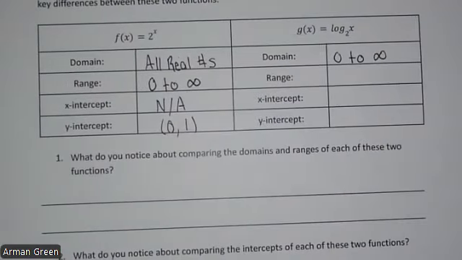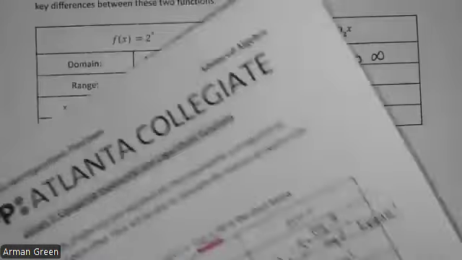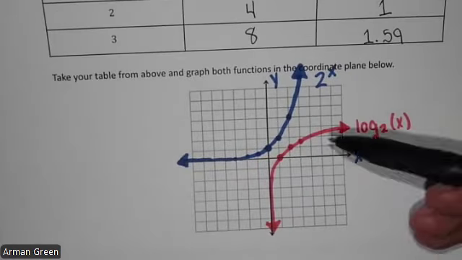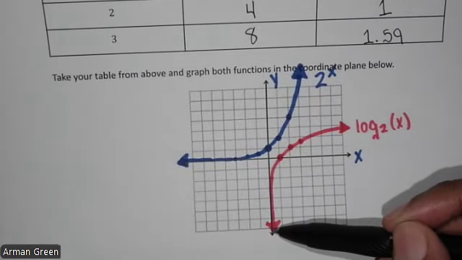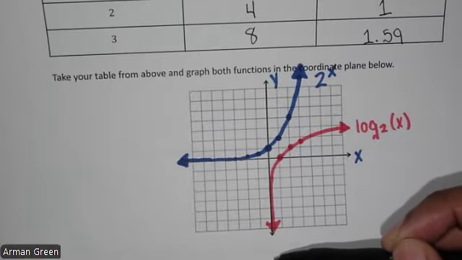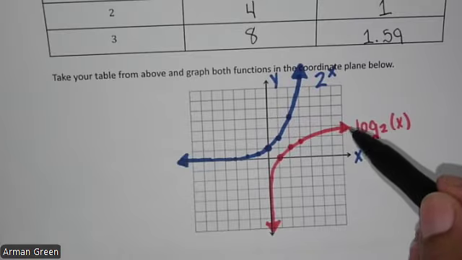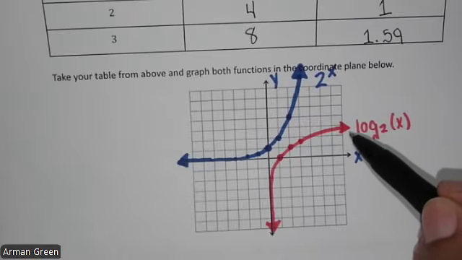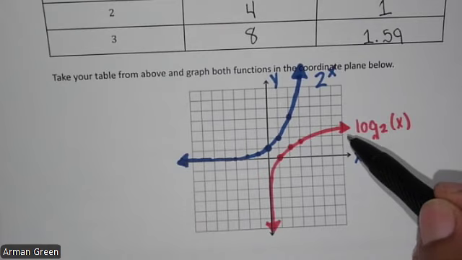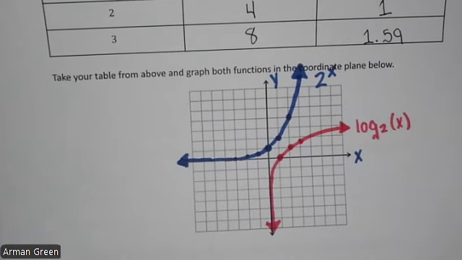meaning that I can plug in any number for x between 0 and infinity into this function and get an answer. But for the range, on the other hand, note that this arrow pointing down is going to keep going down all the way towards negative infinity. And this arrow, while it is pointing sideways, also is pointing upwards, meaning that it's going to continue to go up very slowly, but it's still going to go up nonetheless.